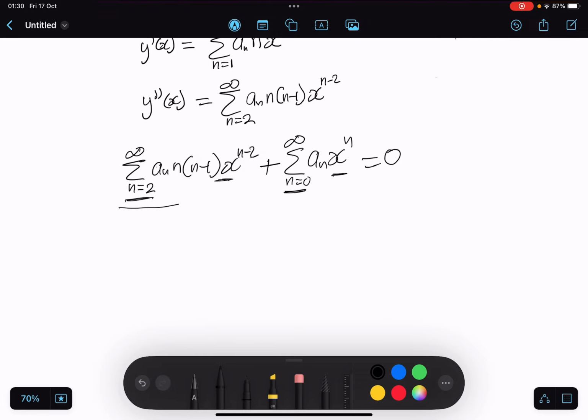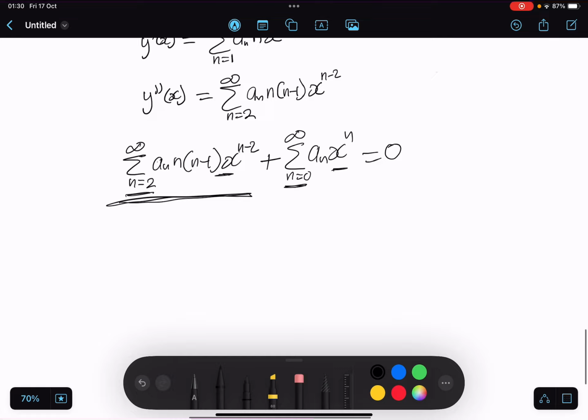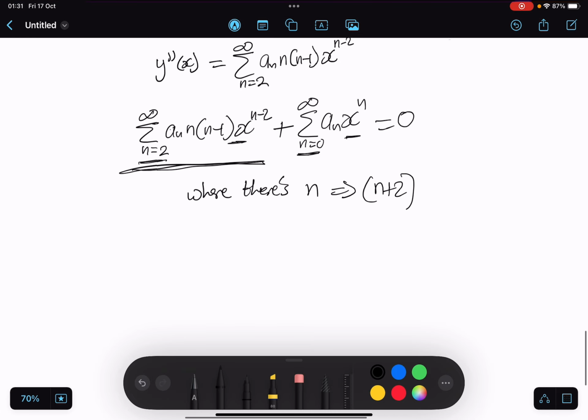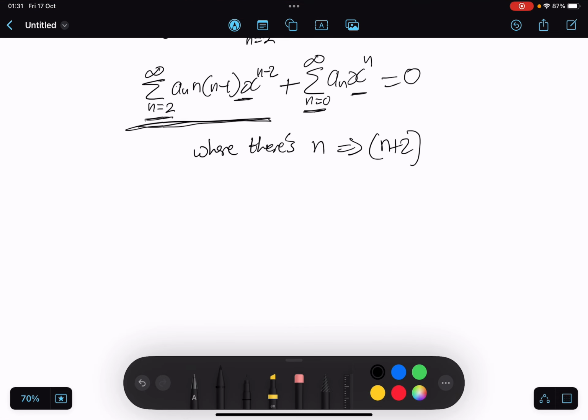For the first series, the first term in this equation, where there's n, you substitute n by n plus 2, so that all of the terms have the exponent of x to n.